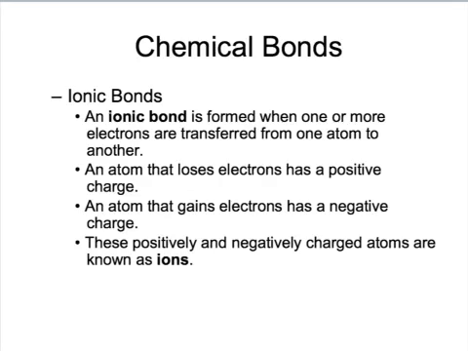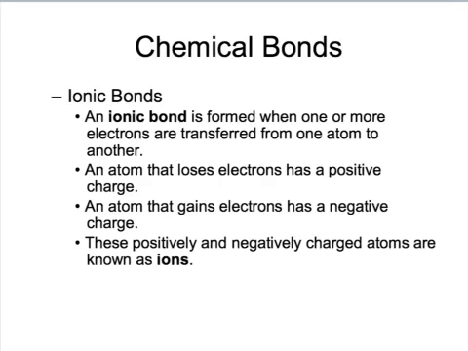Ionic bonds are when the outermost electron, known as your valence electron, is transferred from one atom to another. When this happens, a bond is created, known as an ionic bond, that holds those two elements or atoms together to form a molecule.